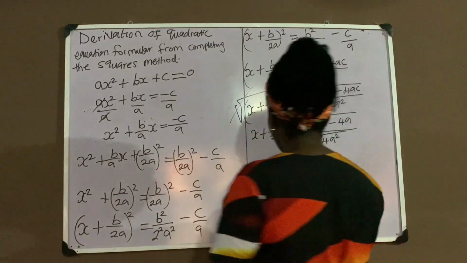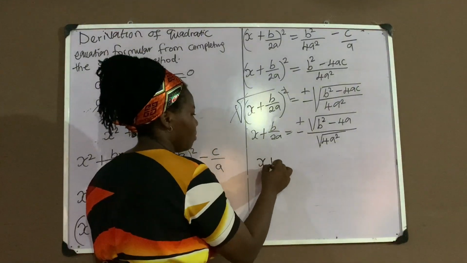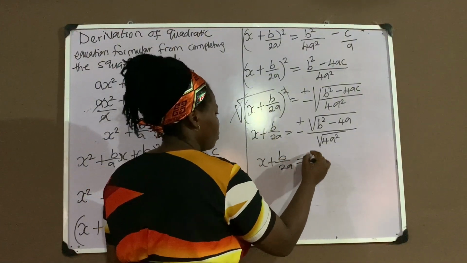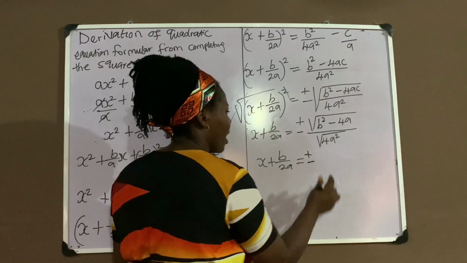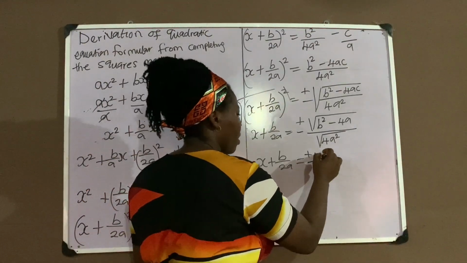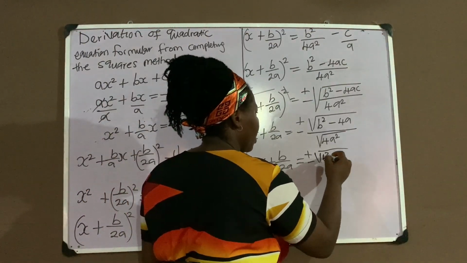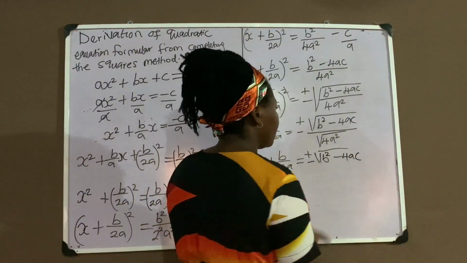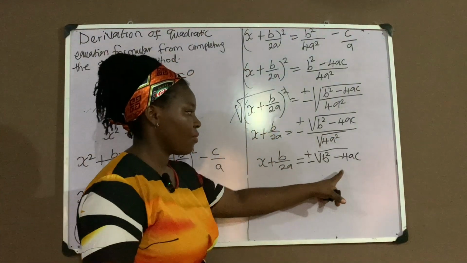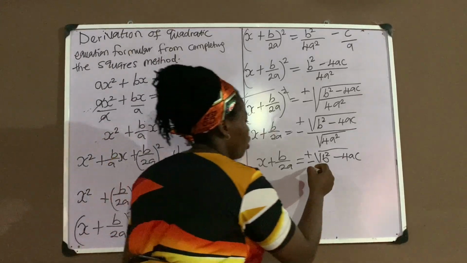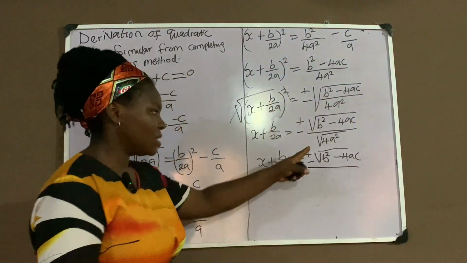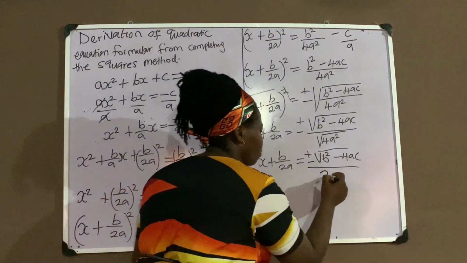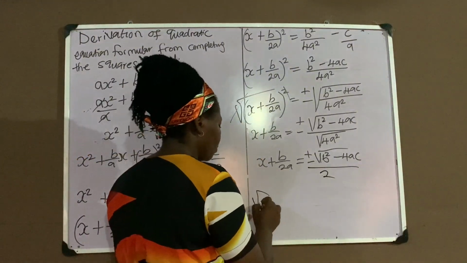Now here we have x plus b over 2a is equal to plus or minus the square root of b squared minus 4ac all over. Now, what is the square root of 4? Square root of 4 is 2.